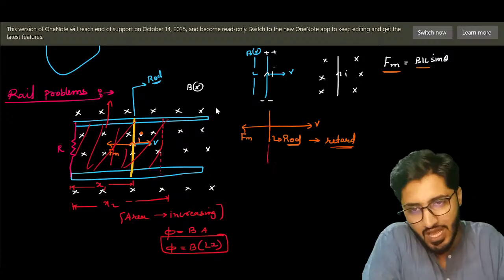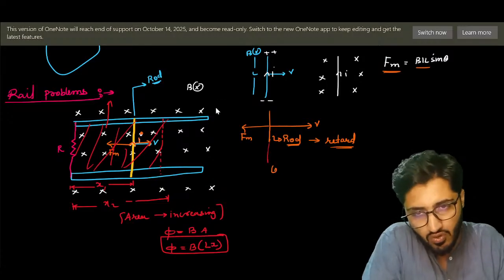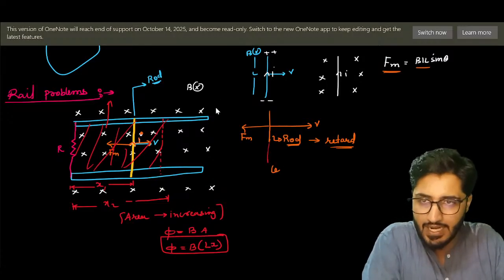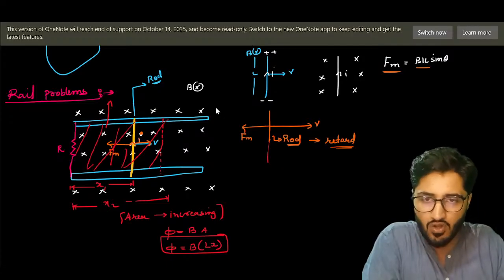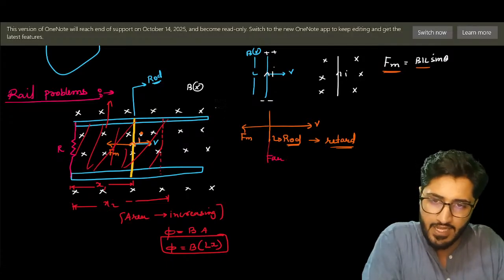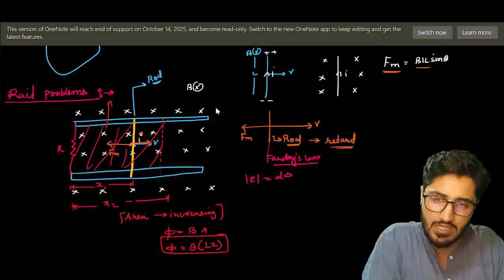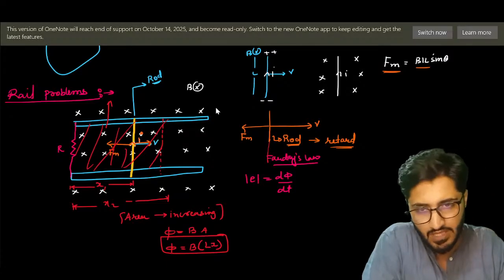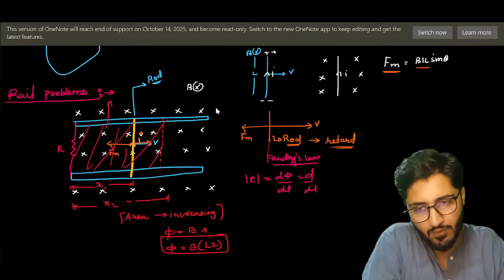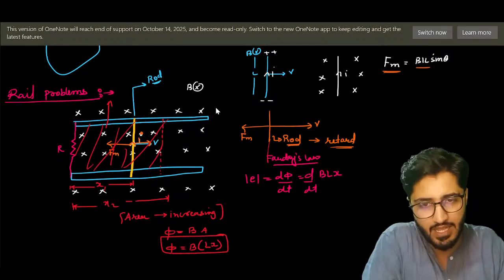Yes, sir. According to Lenz law, or I can write Faraday's law also, right? Faraday's law of EMI: my induced EMF equals d phi by dt. What is phi? Phi is BLX.